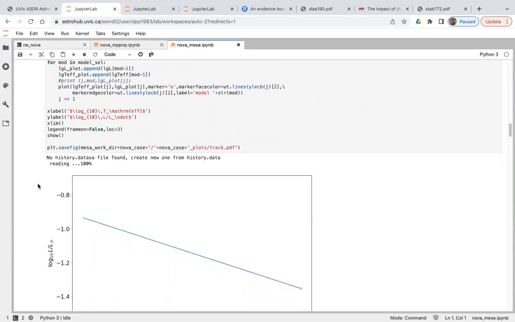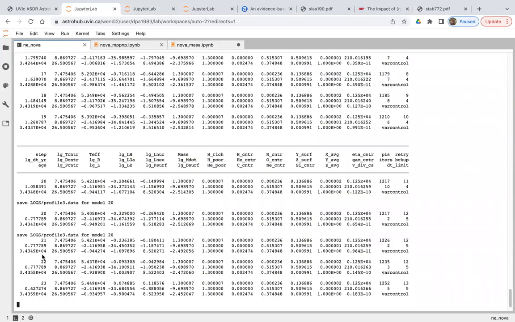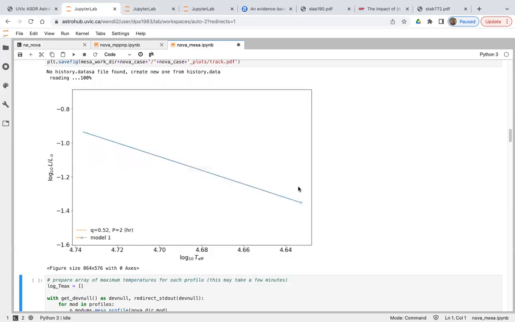Yeah, so this is the Hertzsprung-Russell diagram of our current calculations. And you can see we have not reached much. We have started with this, but luminosity already is increasing, as you can see, okay? But otherwise there is nothing interesting here.